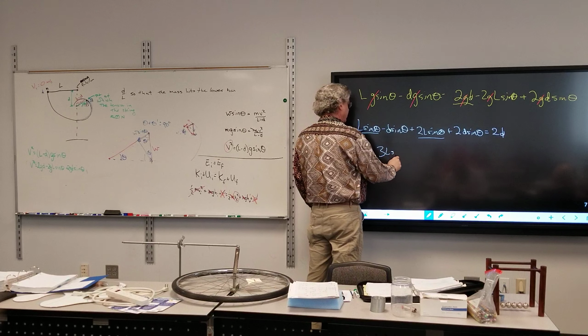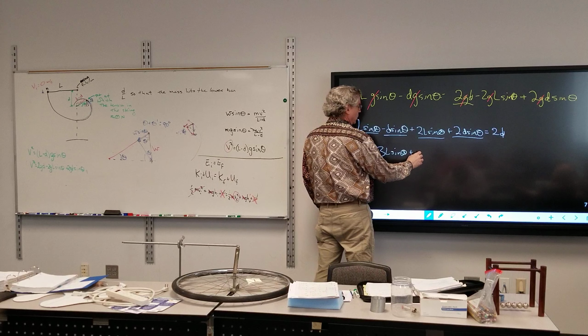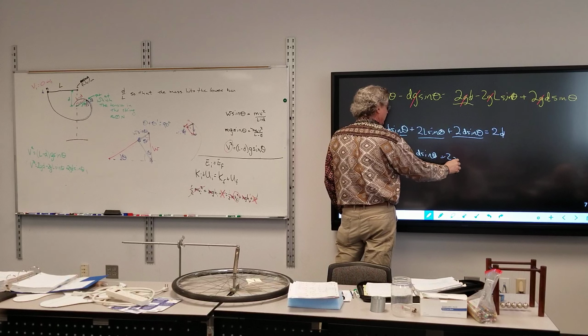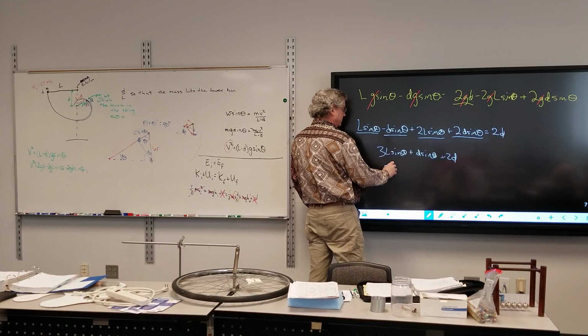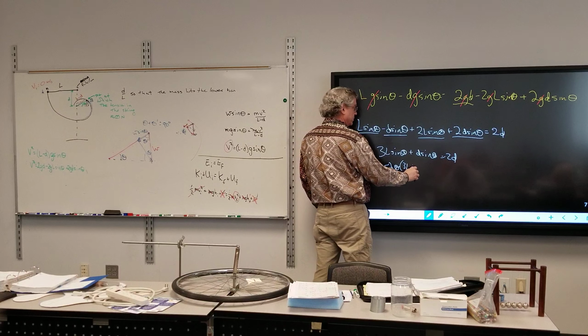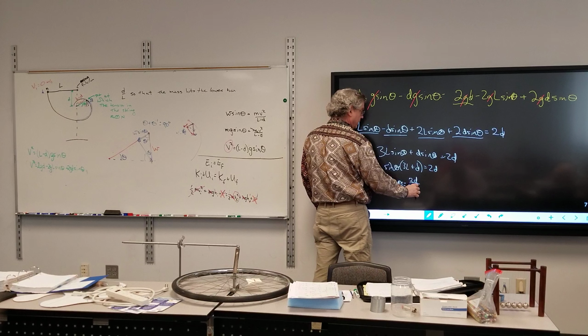I have negative D sine theta plus 2D sine theta, so plus 1 D sine theta equals 2D. Factor the sine theta out. 3L plus D is 2D, and so my sine of my angle is going to be 2D divided by 3L plus D.